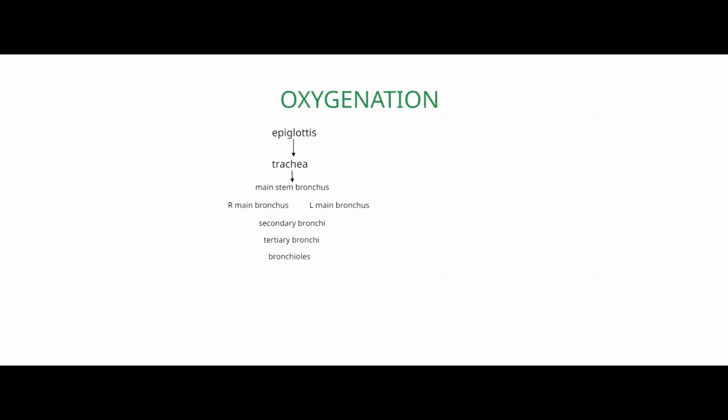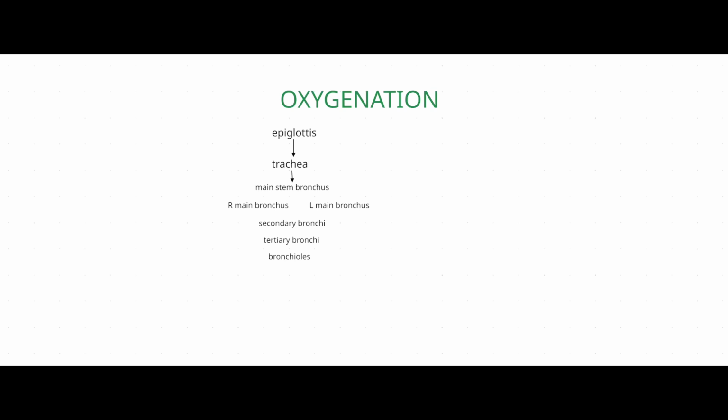All of these structures, air just flows through them. There's no gas exchange that happens through them. So they are all tubes. Later on, as we talk about pathology and signs and symptoms, I want you to remember that: these are all just airway.